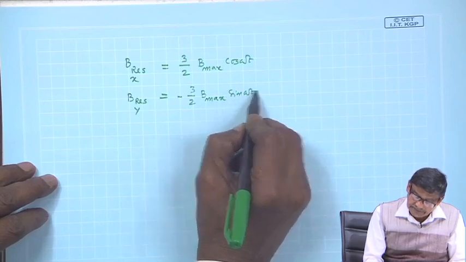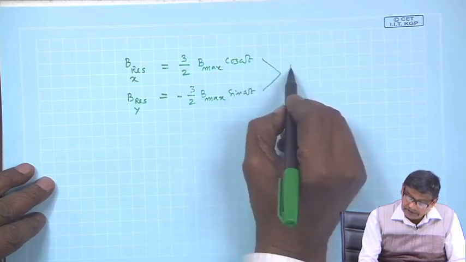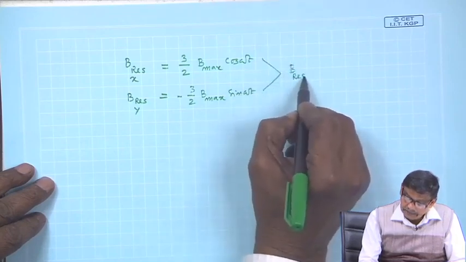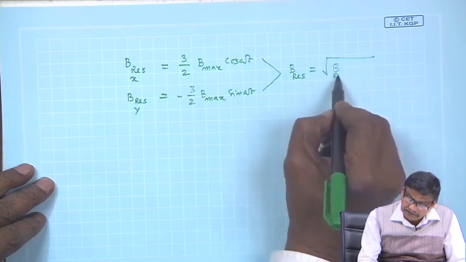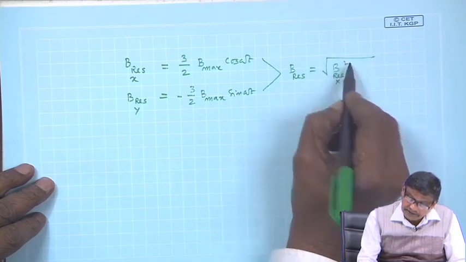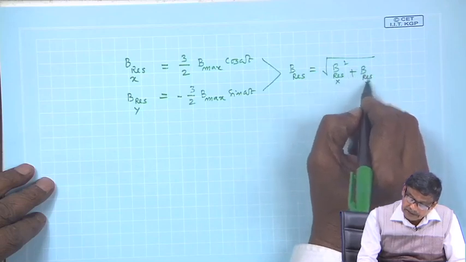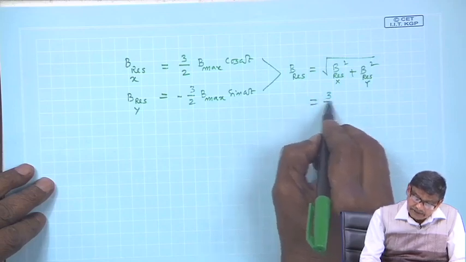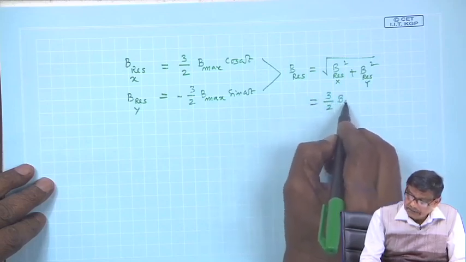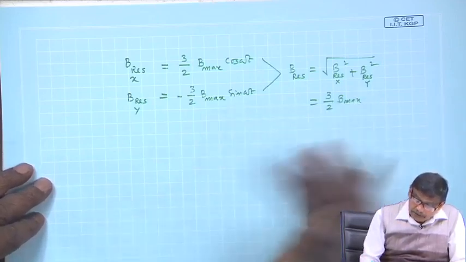This is the thing. So, what will be then the B resultant magnitude? It will be under root B resultant x squared plus B resultant y squared, and that is nothing but 3 by 2 B max, is it?